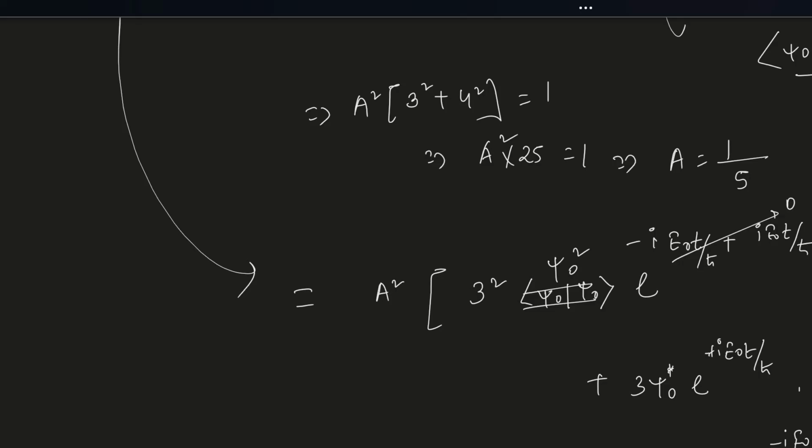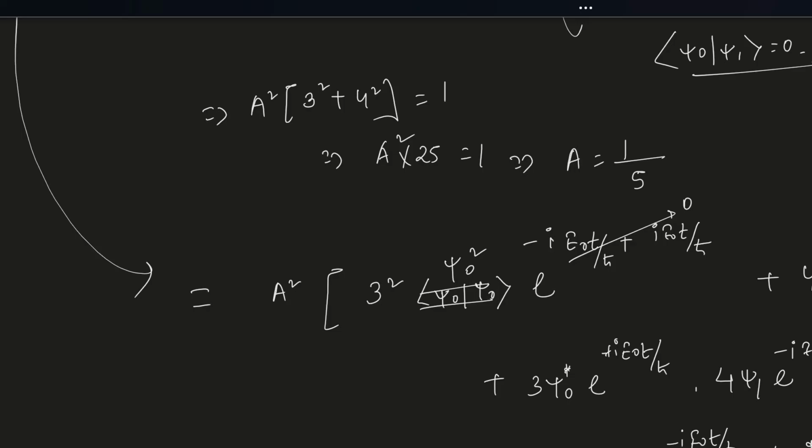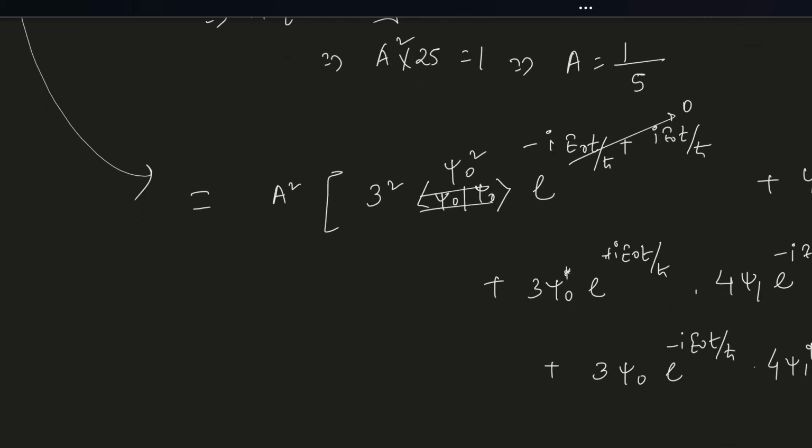psi naught. Now you know that harmonic oscillator eigenfunctions are all real, that you know from your knowledge. So psi naught star will be equal to psi naught and psi 1 star will be equal to psi 1, because they are all real eigenfunctions.